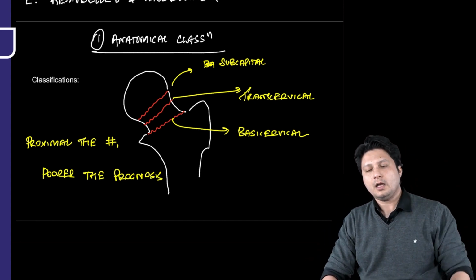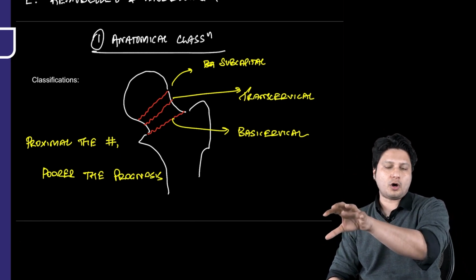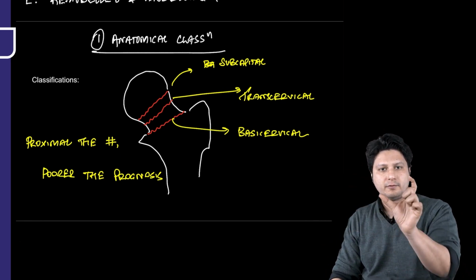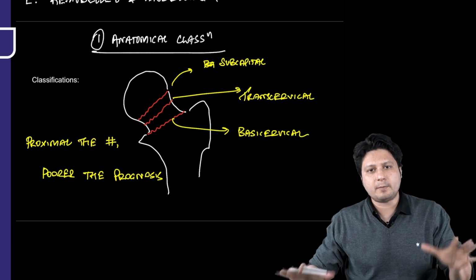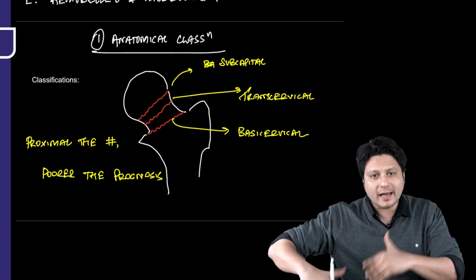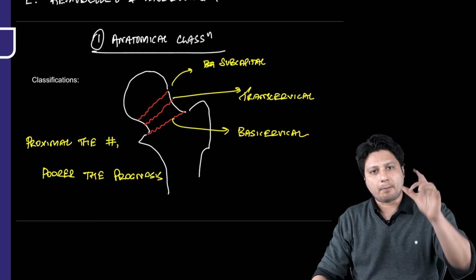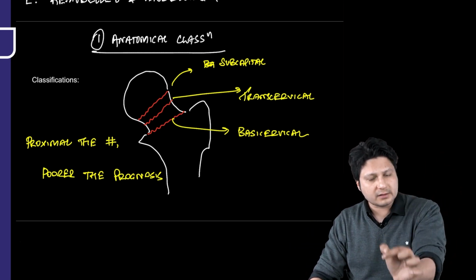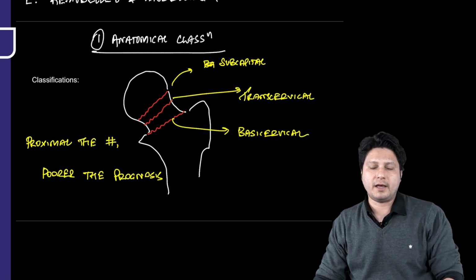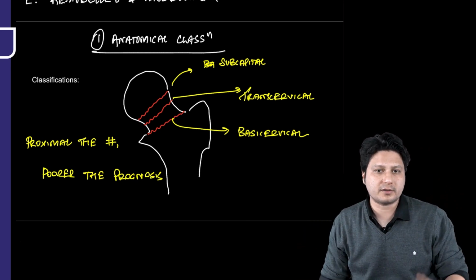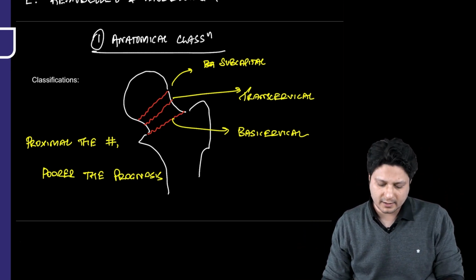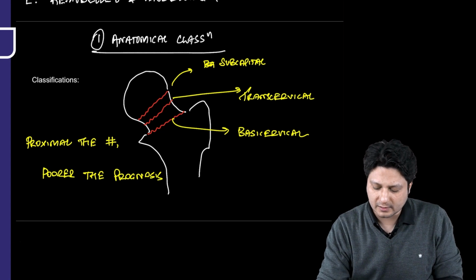It will be subcapital. Which one would be having the highest possibilities of avascular necrosis of the head of the femur? It will be subcapital. It does not mean that basicervical or transcervical cannot have these kinds of complications, but the possibility of these complications is higher when the fracture is affecting the proximal most part of the neck. Alright, that is the importance of anatomical classification.